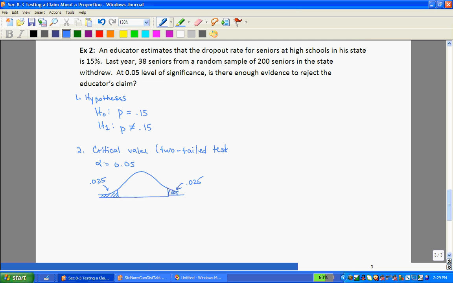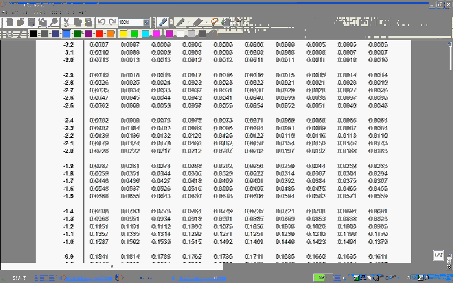So now, instead of looking for a z-score for 0.05, I'm looking for a z-score for 0.025. And it doesn't matter which side I find, because remember the standard normal curve is symmetric. So I only have to find one, and I automatically know the other. So looking on our table here, 0.025. Up right here, right on the nose. And it looks like that's happening at negative 1.9. So right here.